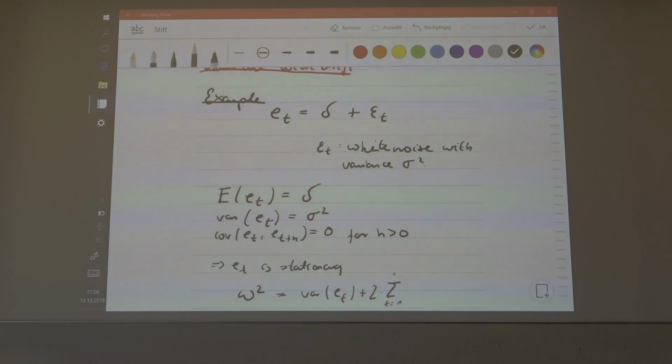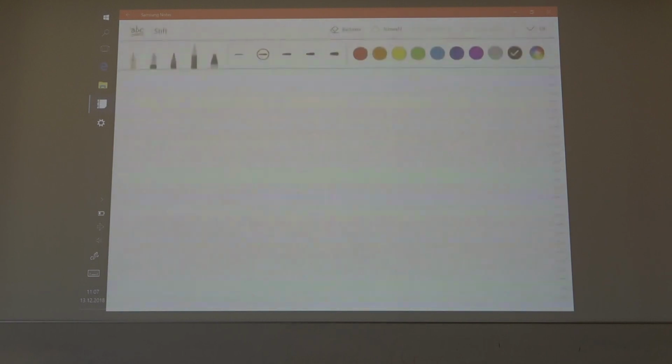I will just add this here. The covariance of ET and ET plus H is going to be equal to sigma squared. I will write this down again. I don't have much space here, so maybe you can check it out.